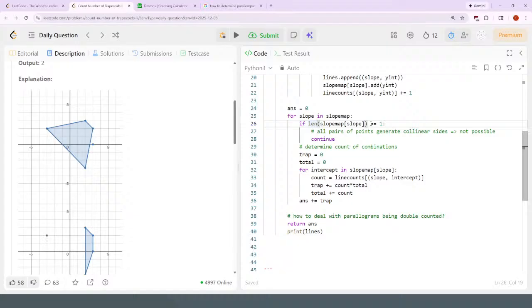I need to actually know what the side lengths are for that.